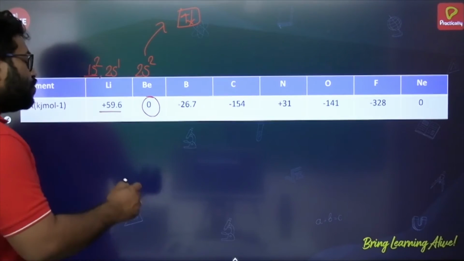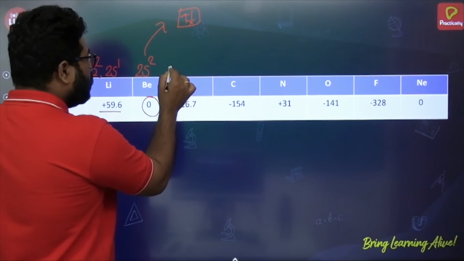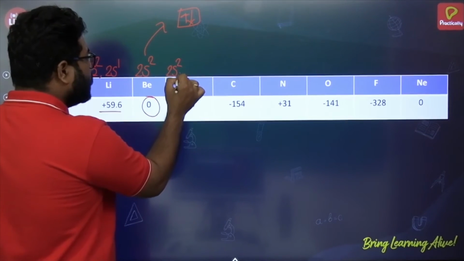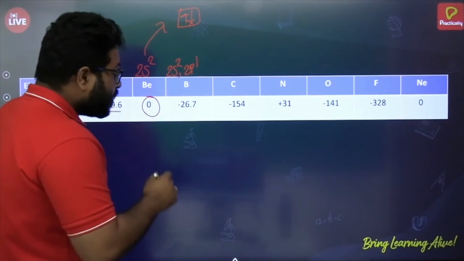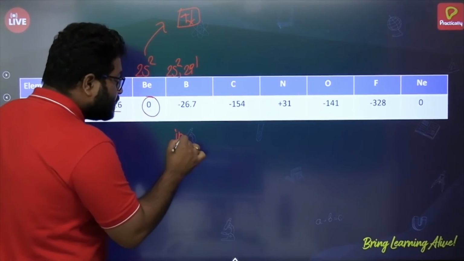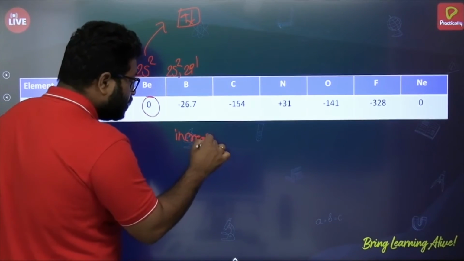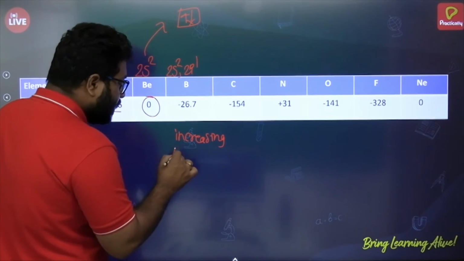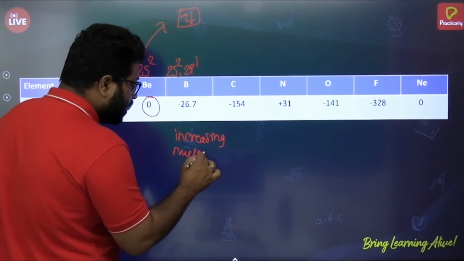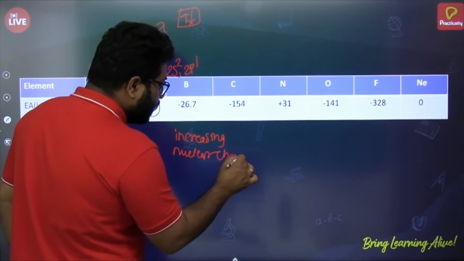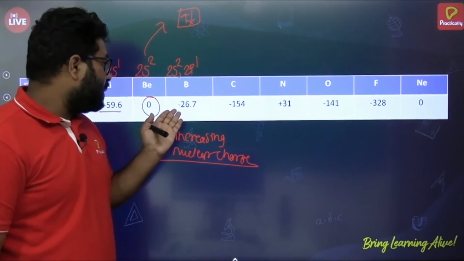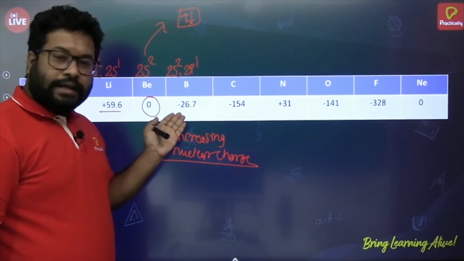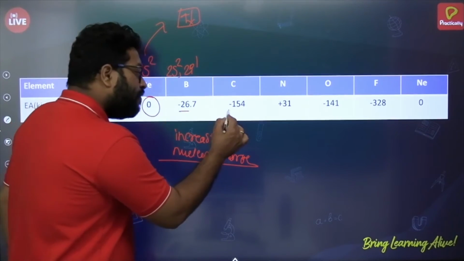Now you went to boron. Boron is 2s2, 2p1. Now the effect of increasing nuclear charge will come into play, so the value is further negative.